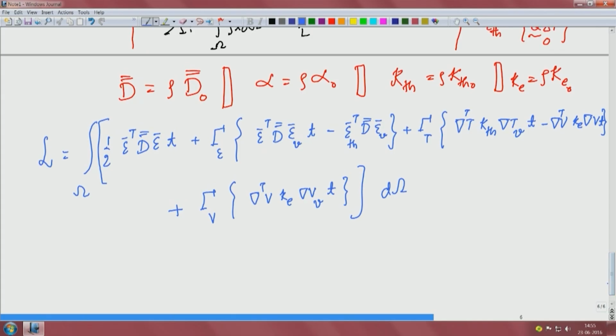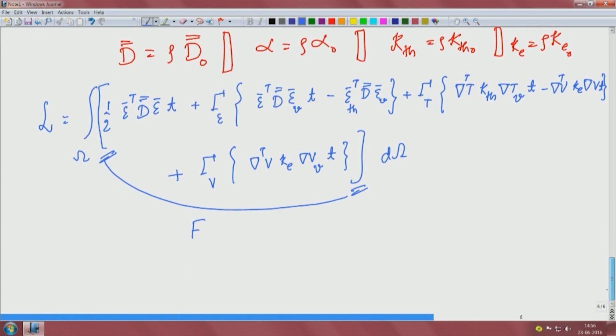Whatever is inside of these square brackets from here to here, the whole thing is our integrand f. Once we have this, we can write the variation for each of them. So, let me do it in RGB scheme. I will do red color, I will do the variation of this with respect to u, which is actually epsilon.